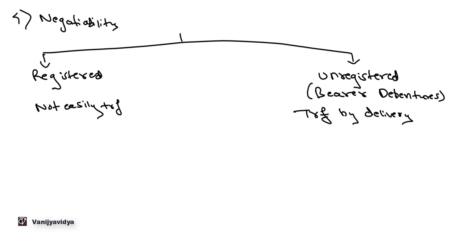These are treated as a normal negotiable instrument. They are easily transferable, and so the company doesn't have any record of who is the holder of these debentures. So this was on the basis of negotiability.